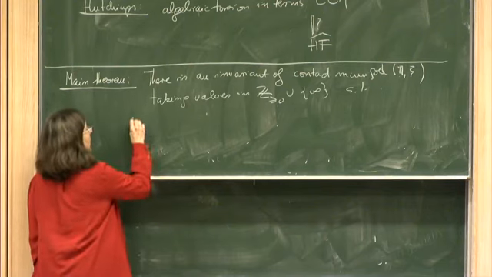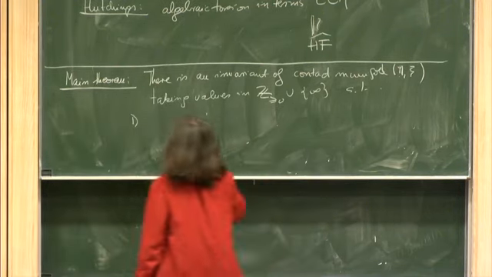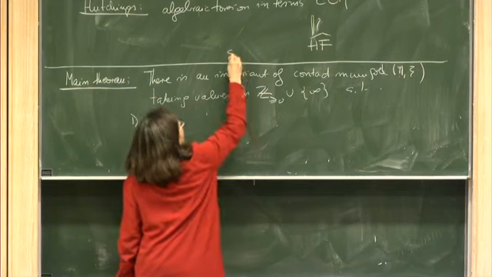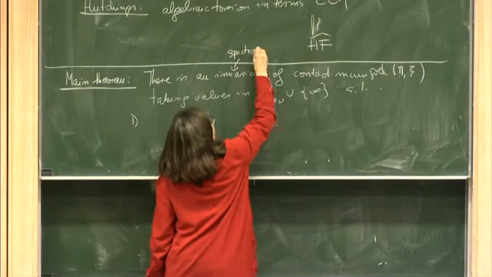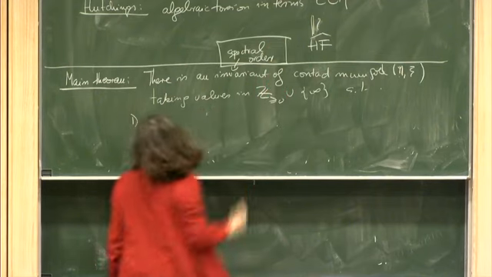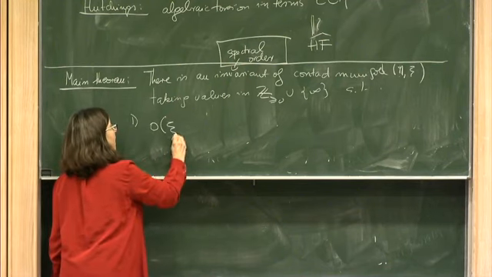And so first of all, we call the invariant the spectral order. And we denote it by O of psi.